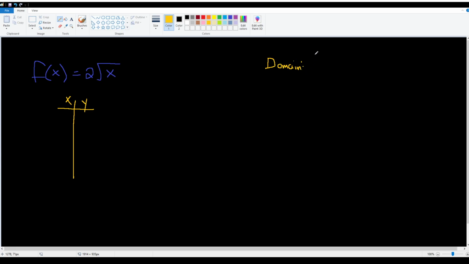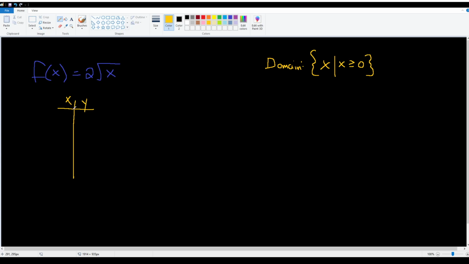Just like we said in the previous one, for the domain, you take the radicand, set it greater than or equal to 0, and solve. So in this case, x is greater than or equal to 0. Because again, the radicand is x. If we set it greater than or equal to 0, there's no solving that needs to be done. So that would be my domain.